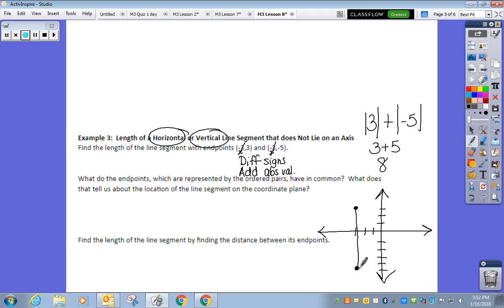This is a vertical line, goes up and down. So if I were to connect them, it would be vertical. If we look at the 2 points, their x coordinates are the same. If their x coordinates are the same, it makes a vertical line. Notice that the letter x has the letter v in it. So if the x coordinates are the same, they form a vertical line.